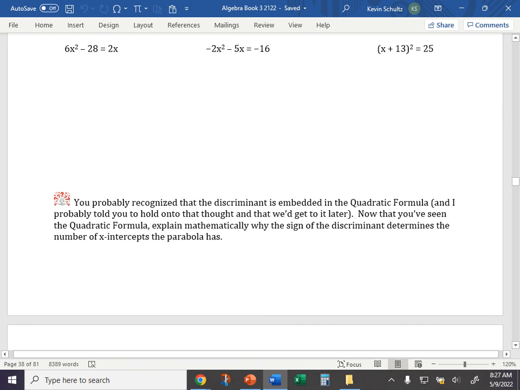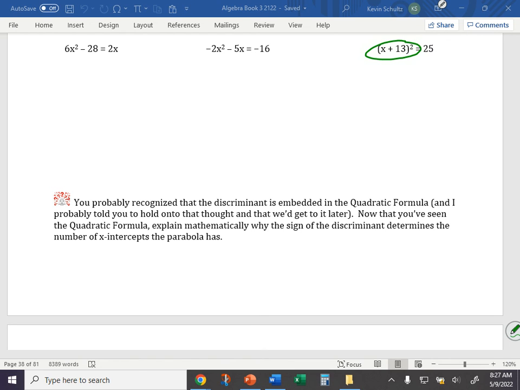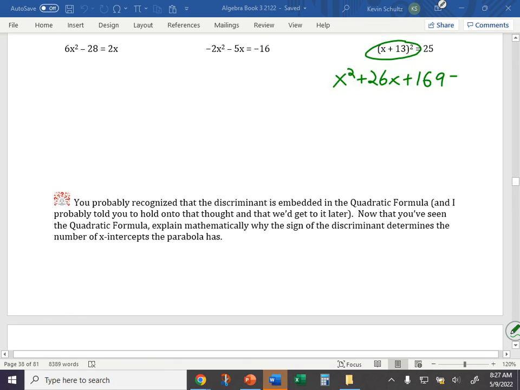So in this one, it's not in standard form, right? It's not in ax squared plus bx plus c form. So let's put it there. How would we put this into ax squared plus bx plus c form? Crab claw, foil, box it, whatever you want to do. You'd start here, and you'd rewrite it to be x squared plus 26x plus 169 equals 25.